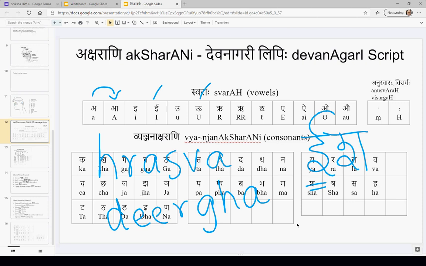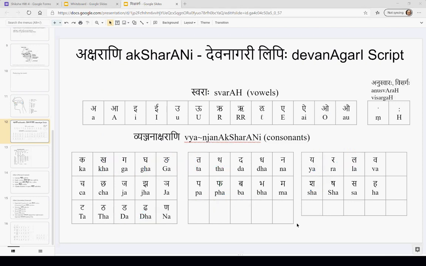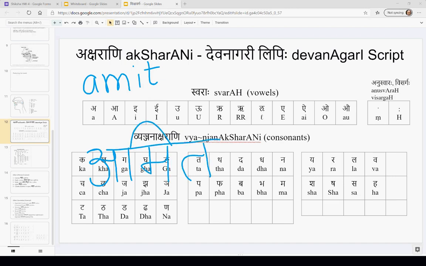For example, not the Isha, let's say there is a name called Amit. If I write that in Devanagari, it becomes Amit.